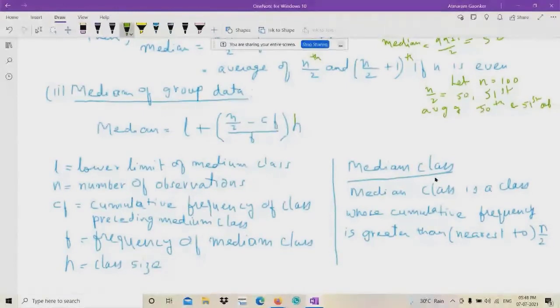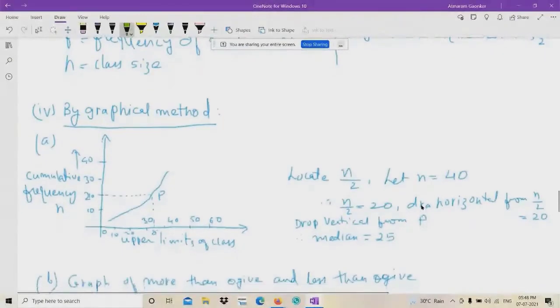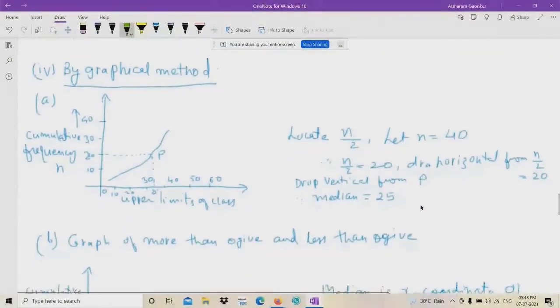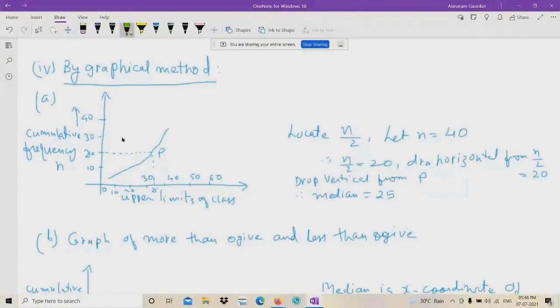Now you have to understand the graphical method of how to find the median. For that, you have to plot the graph of cumulative frequency versus upper limit of the class. Just note this: cumulative frequency on the y-axis and upper limit of class on the x-axis. When you plot that graph, you select n by 2.